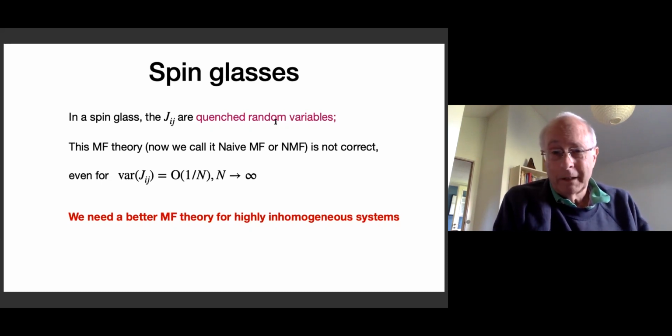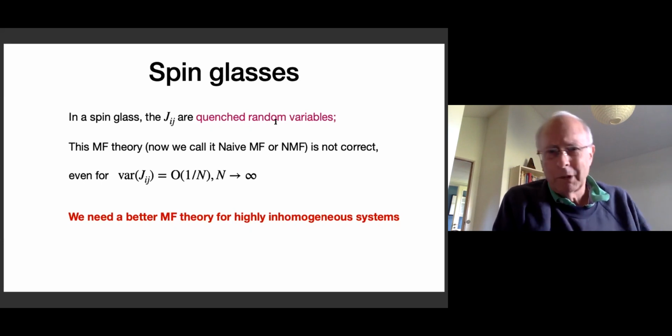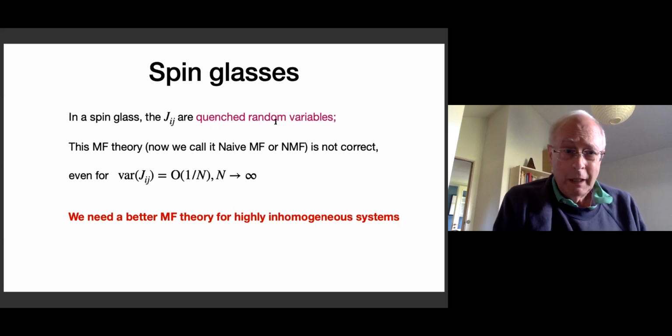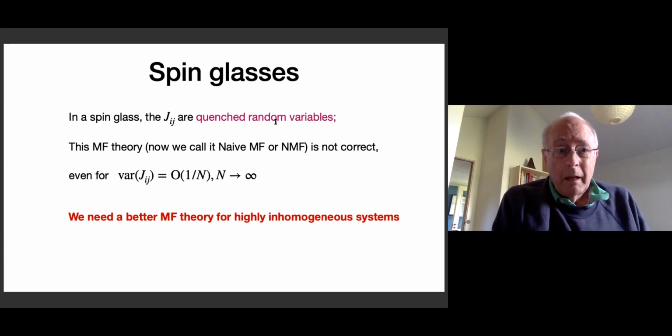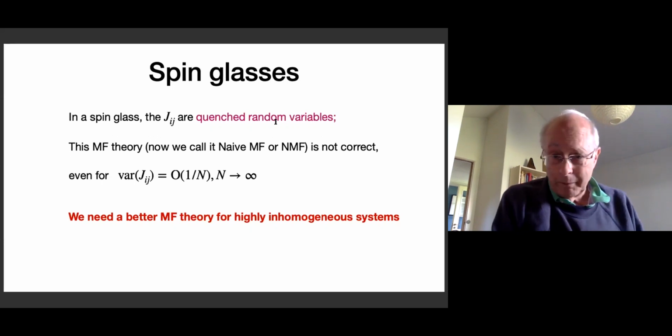But still, the fact that these things are quenched random variables, and you can see it most clearly when they have zero average, then this mean field theory isn't correct, even if the variance of the J's goes small when the system gets large.